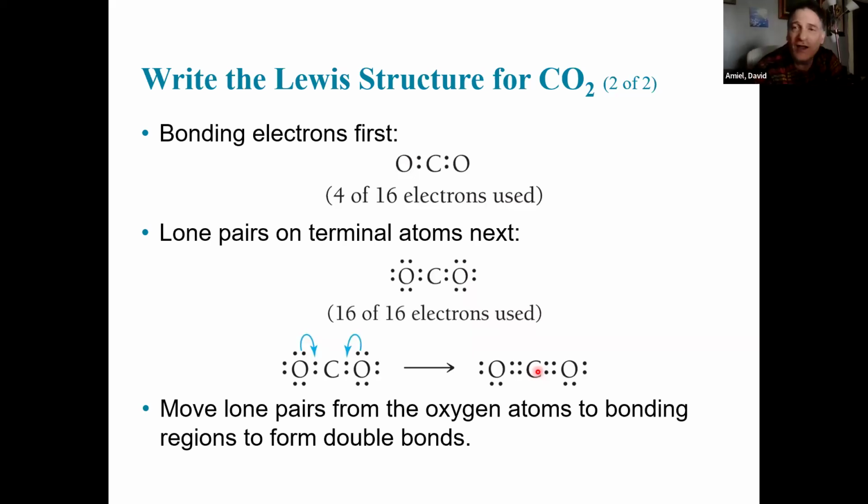By distributing the electrons and making double bonds, we give everything an octet. Lewis theory predicts that the structure of CO2 will have 2 double bonds, and this is correct.